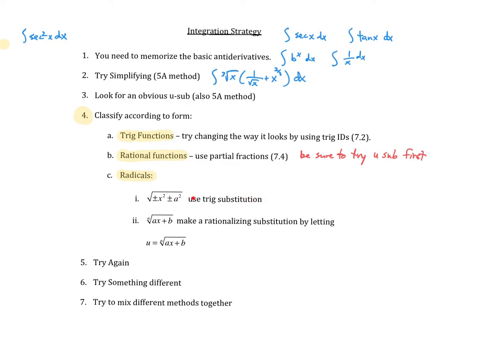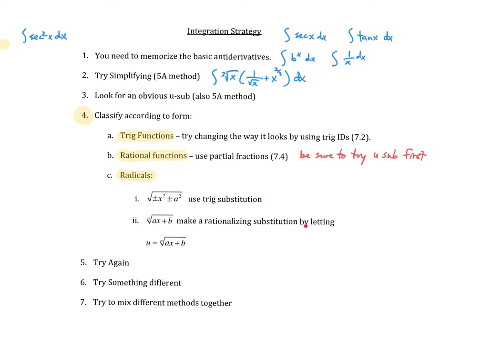We had 3 different cases of using trig substitution, right? And a lot of times, this is going to turn your integral into a trig function integral after you make your substitution. If you have something with a strange index, so it's not a square root, but an nth root, a lot of times we can make a rationalizing substitution.